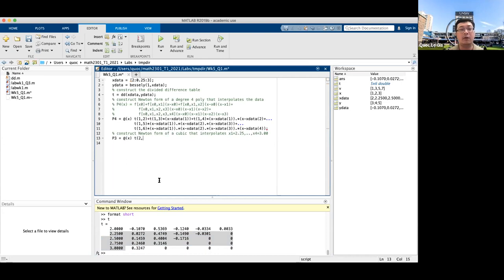So T row 2 is the first coefficient, and then I have the next one multiplied with x minus, now we have to be careful. For x data, we cannot take the first data point. Remember, we start at the second data point, so I have to start at x data 2.